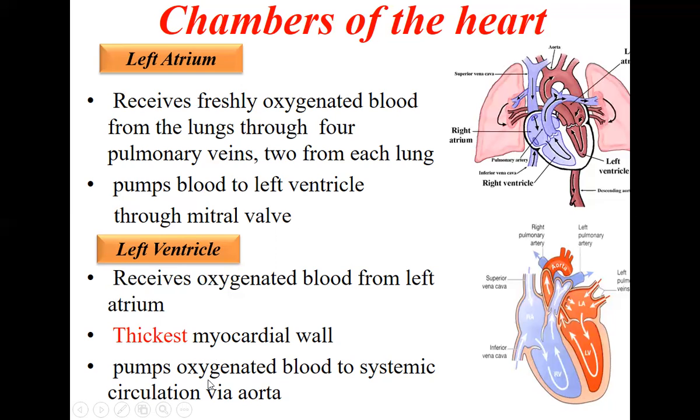Now it pumps the oxygenated blood to the systemic circulation via the aorta, passing through all the parts of the body: the head and neck, brain, upper limbs, lower limbs, abdomen, thorax, everywhere it will be supplying through the aorta. That's why it needs a lot of energy to push the blood to all the parts of the body.